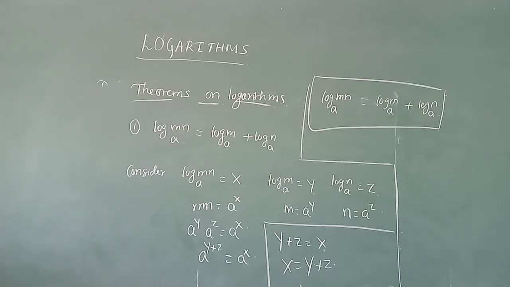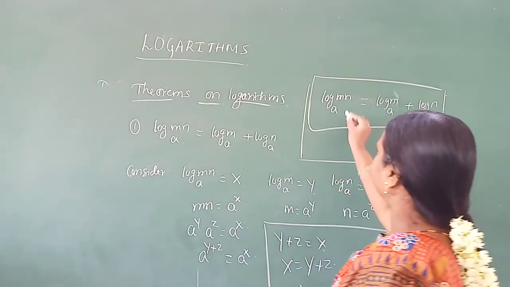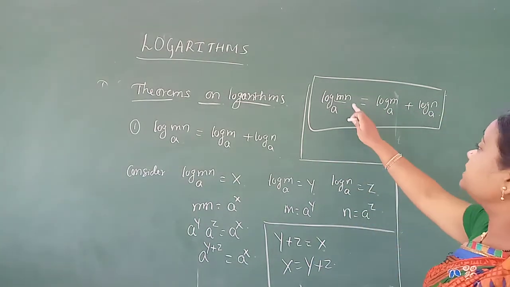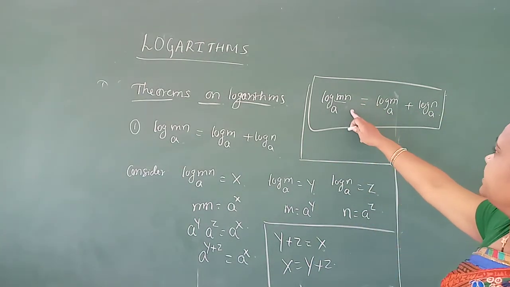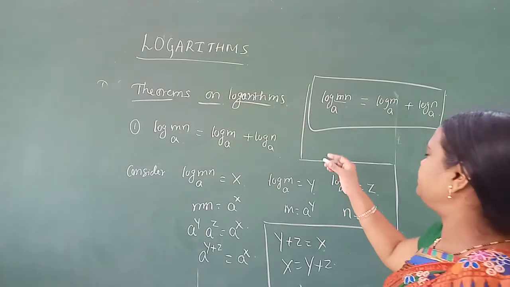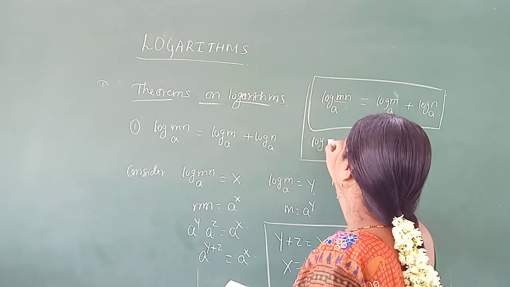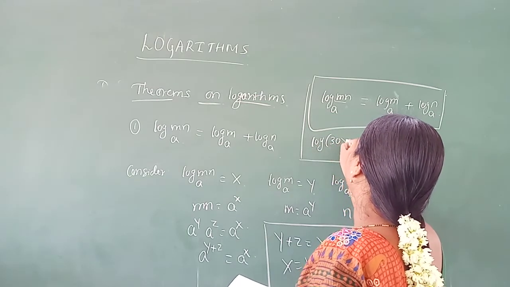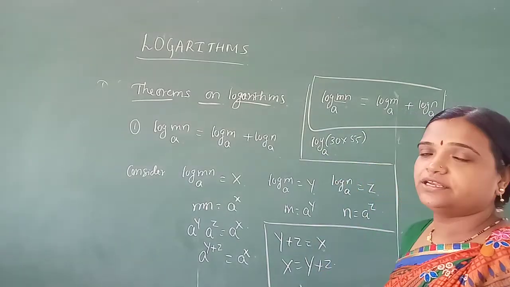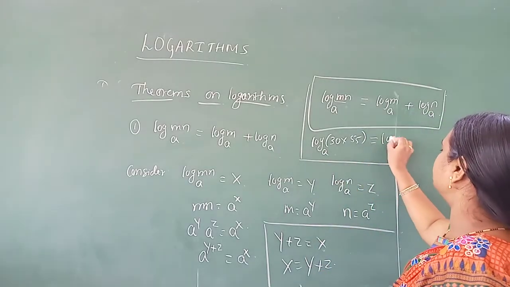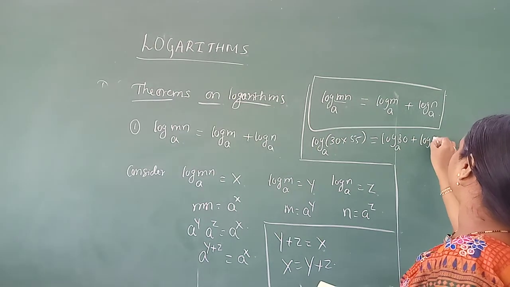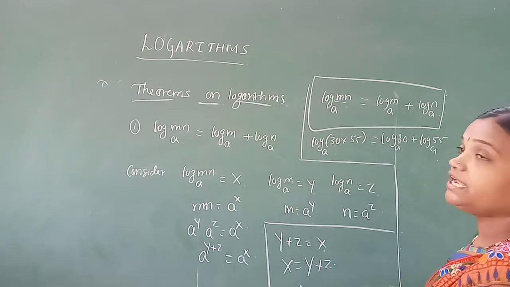Remember that if the product of two functions is inside a logarithm, that product can be converted into addition. For example, log of 30 times 55 to the base a can be written as log 30 to the base a plus log 55 to the base a.